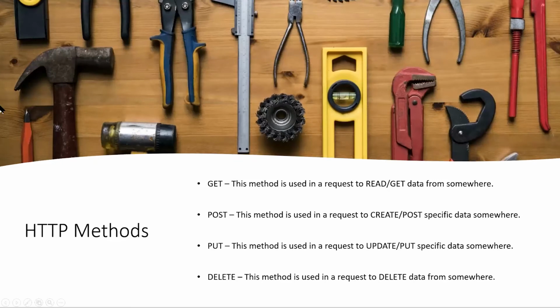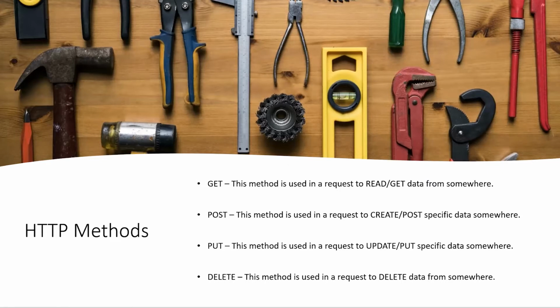Okay, so the methods, or the tools that allow us to contact our API or send our request to our API, are these methods. These describe and tell the API what type of request is coming in. The first one, probably the most widely used, is GET.